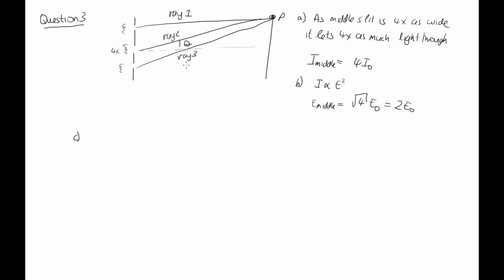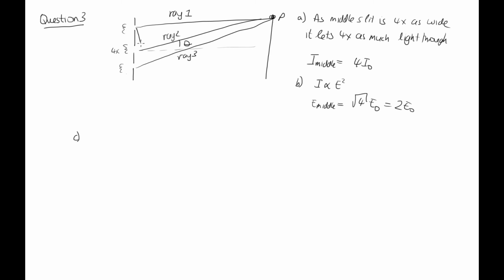Now in the question, we're told that this is the far field. So while these don't look parallel how I've drawn them here, because it's a far field, the screen is a long, long way away. So we can pretty much imagine these rays here as parallel. So to get the phase difference, what we're going to need to consider is, well, what's the difference in path length that these rays have traveled?